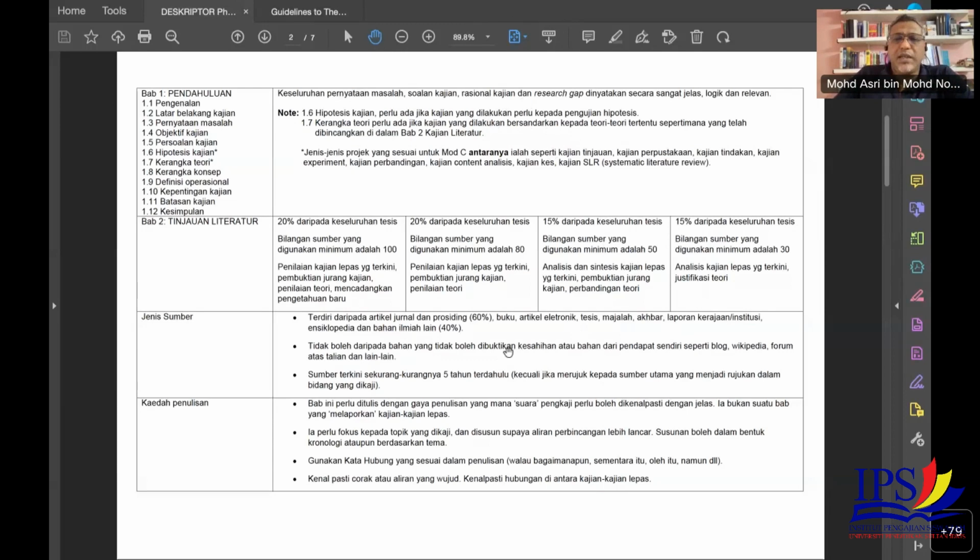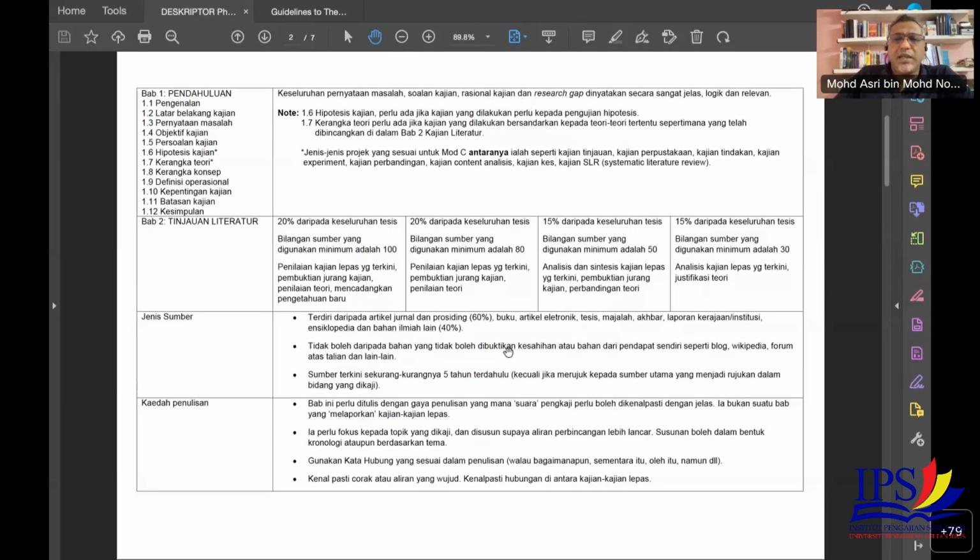It's 6 to 8 credit hours only. So do work that is worthy of that kind of credit value. But we expect you to also be a bit critical when you're writing your chapter 2.